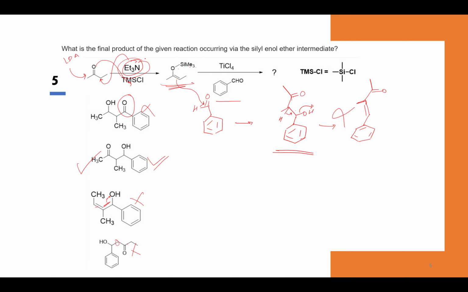Then we have done question number 5, where the question was about intermediate and correct product formation. So we have discussed here triethylamine will abstract the proton from here, and a silyl enol ether will form here.